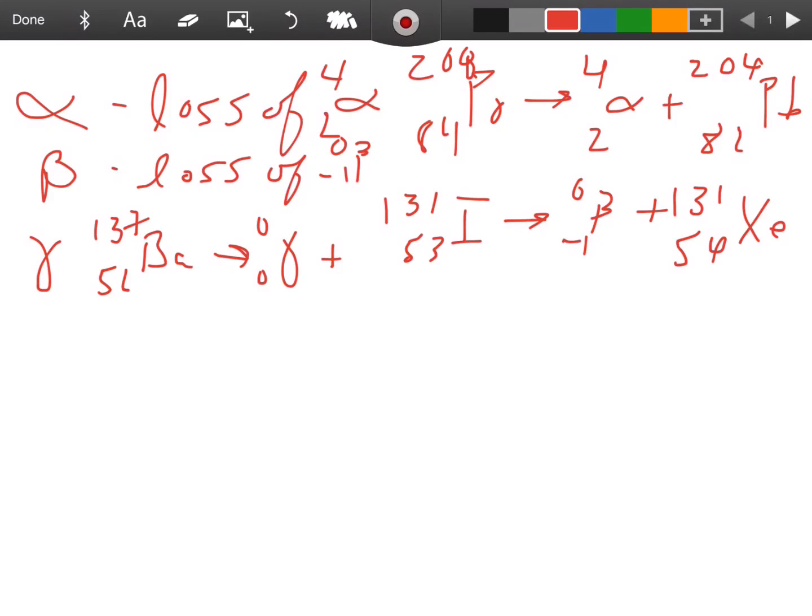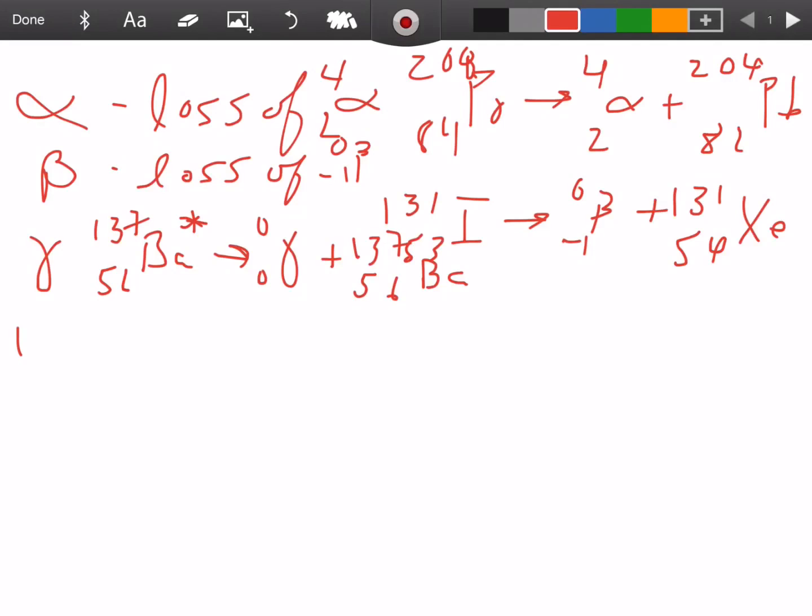So what you end up getting is still 56 with a barium on there, still at 137. So there's really no change, except I'm going to put a little asterisk on that initial barium, because typically what happens is you've got an excited state of a particle, and it's just going down to a ground state. So it's just losing some excess energy without giving off any particles.